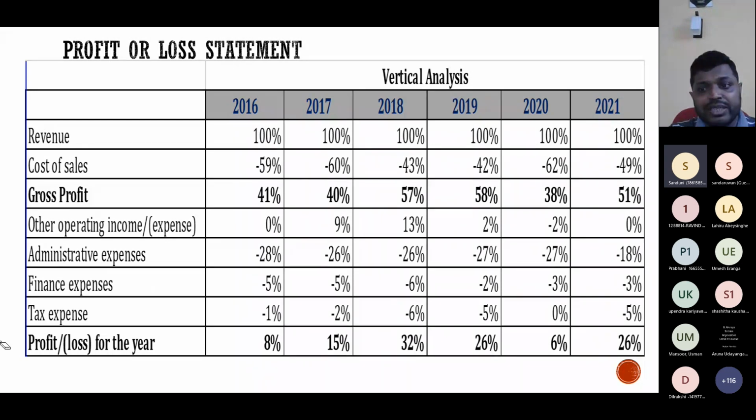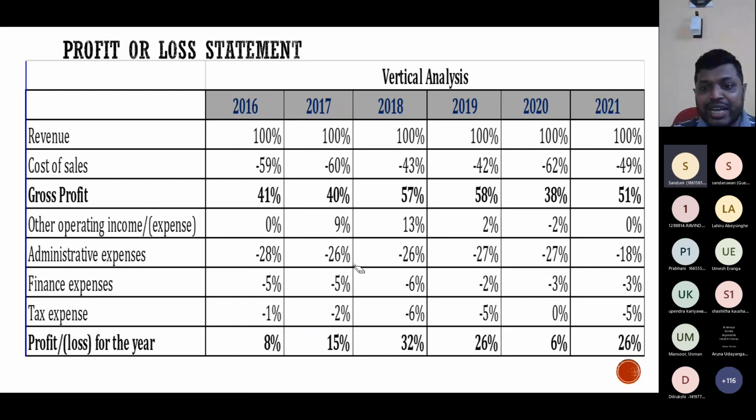Finance expenses range from 5 to 3%. Tax expenses are also 5 to 6%, and NP margin, yes, NP margin: 8%, 15, 32, 26, 6%, and 26. You can see how it has changed over the period, 2016 to 2021, the change in NP ratio.